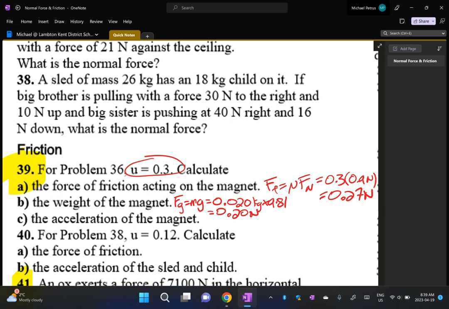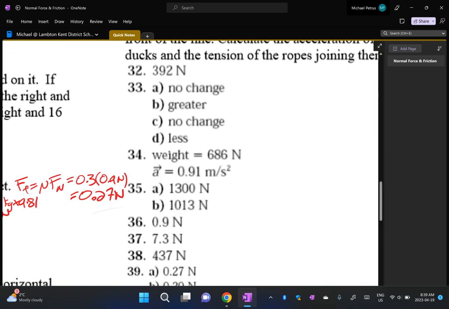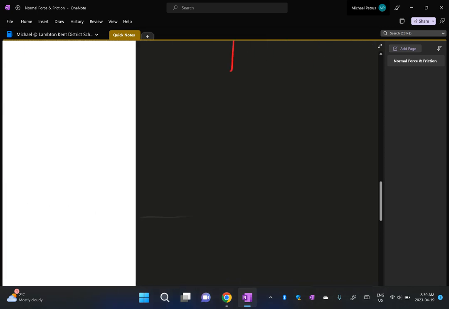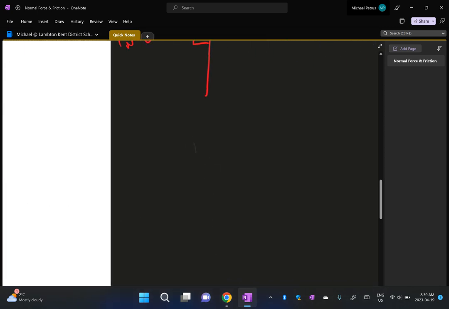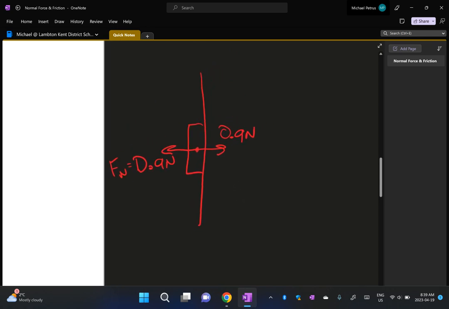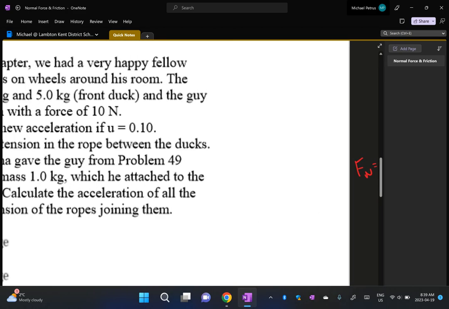And then C wants the acceleration. I'm going to draw a diagram for that. So again, I'm going to go off to the side, and I'm actually going to go right to my old diagram here. So the downward force, I think I just calculated, was going to be gravity, which is 0.2 newtons. Is that right?